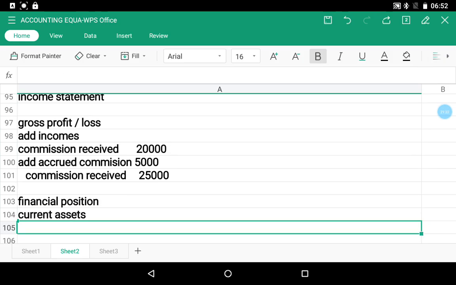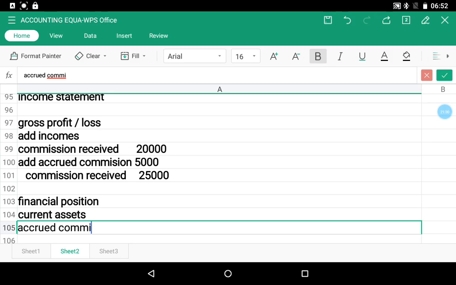That's where we record our accrued commission, because you have worked for it, but you have not yet received it. So anytime you receive it, you will come here and record 5,000. So that's how they treat accrued income.